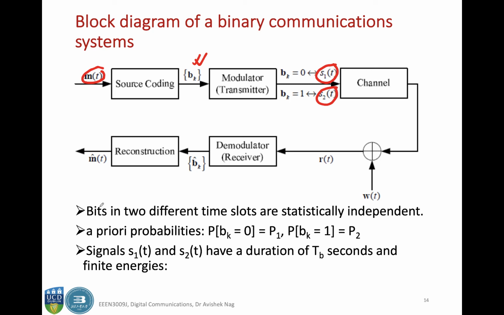So we have discussed this aspect in the previous slide also, that the signals that are sent through the channel are within the duration of the bits that you are sending. And the signals will have finite energy. So E1 is defined as S1 squared integrated over 0 to T_B, and E2 is S2 squared integrated over 0 to T_B.